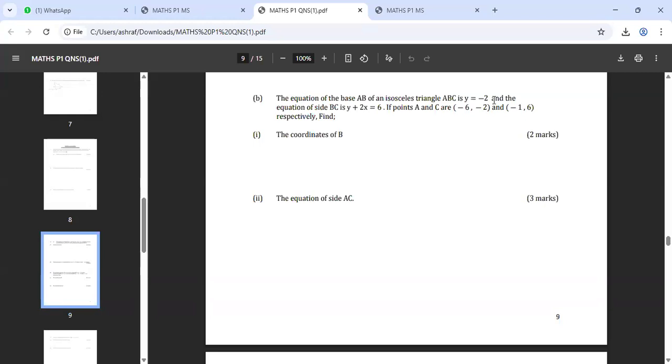But we are given the equation of BC, and we also know the equation of line AB. If you've drawn the triangle, B is the point of intersection of lines AB and BC. If you want to find the point of intersection of two lines, we solve the two equations of the lines simultaneously.